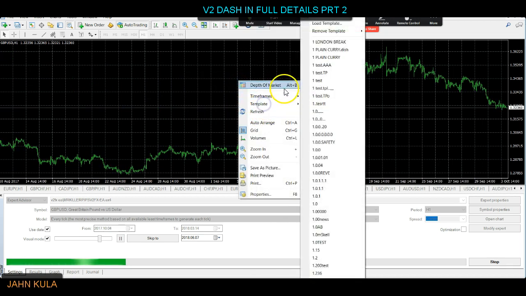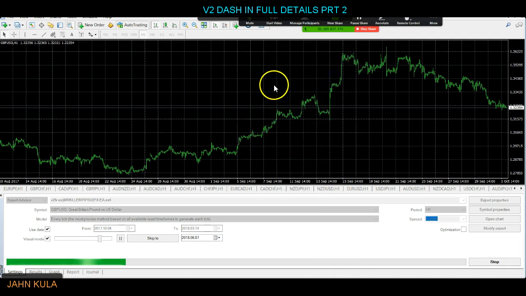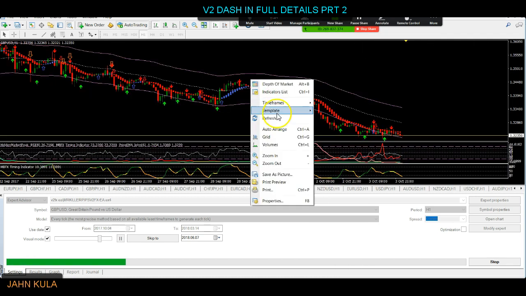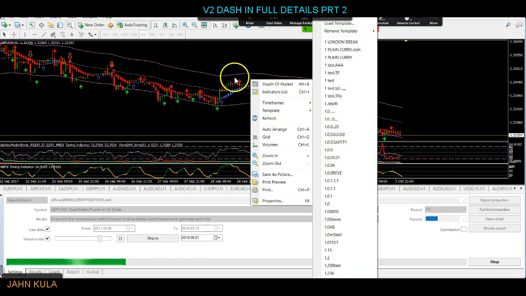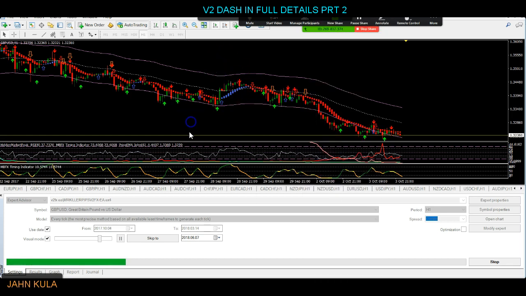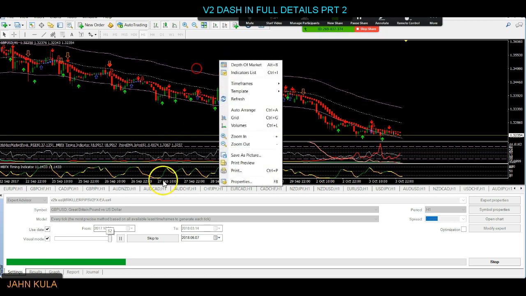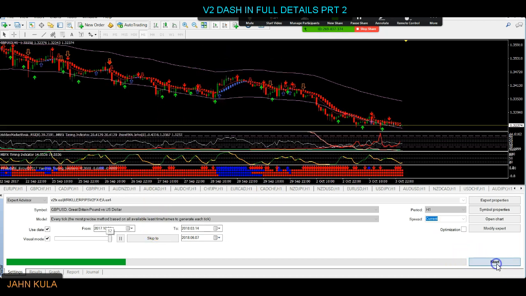One second. There's a template I was testing it on. Is it this one? I think some of them have too much data and it just goes slow. So, trying to. Okay. Let me just start it.